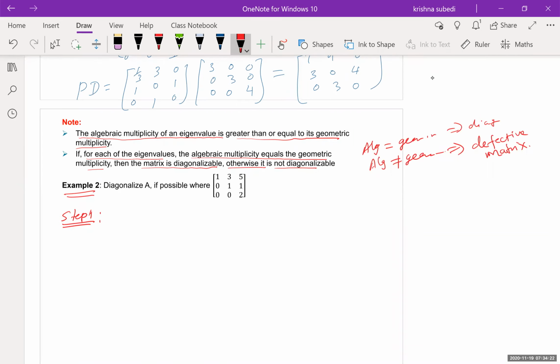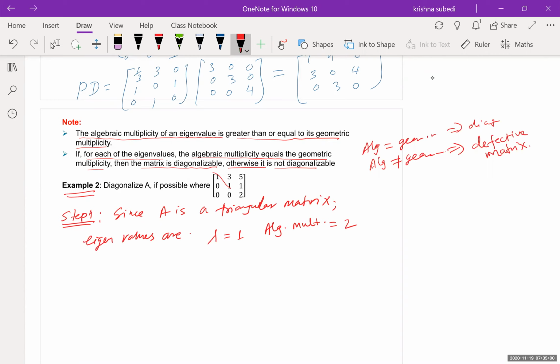All right. So since A is a triangular matrix, the eigenvalues are lambda equals 1 and algebraic multiplicity, how many 1s are there in the diagonal? 2.